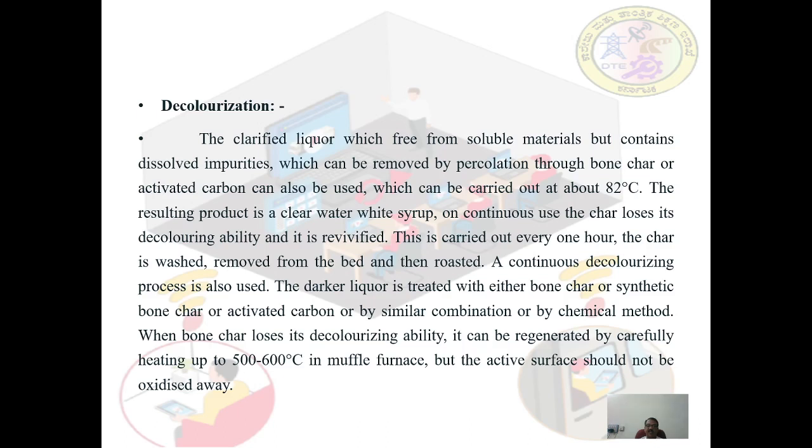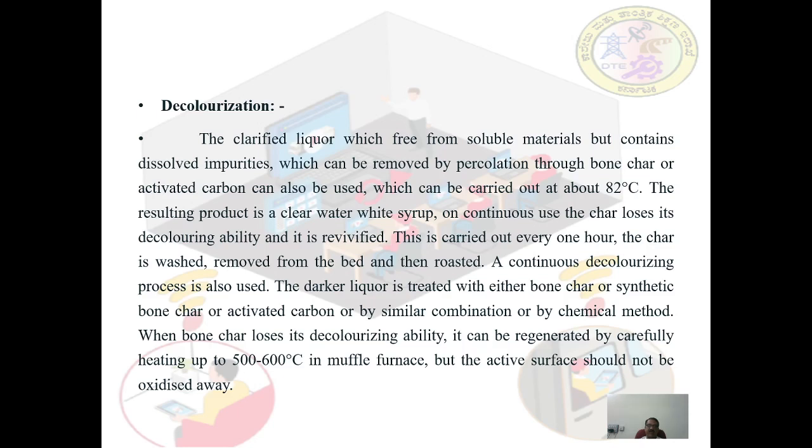A continuous decolorizing process is also in use. The darker liquor is treated either with bone char or synthetic bone char or activated carbon, or by similar combination or by chemical method.